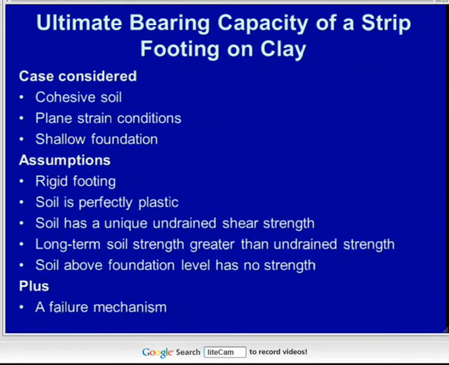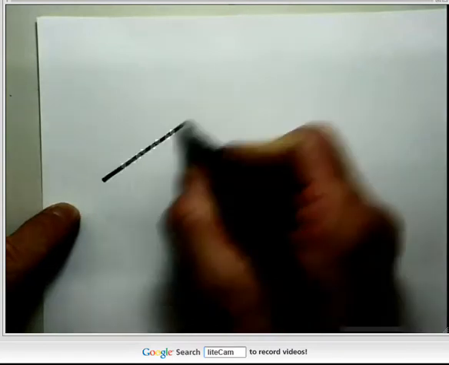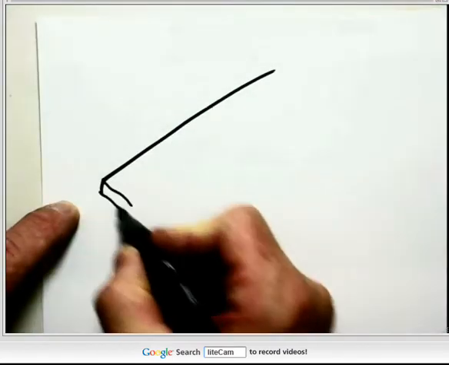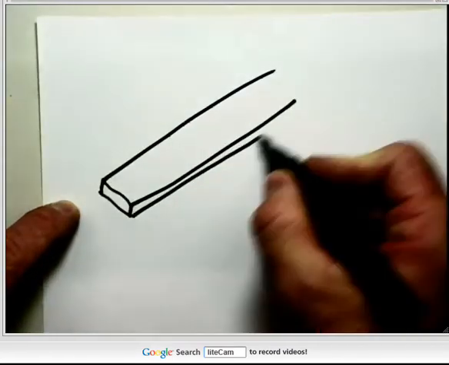So, we're going to start with a, I always hate it when people say very simple, because it's not. We're going to start with the most straightforward case we can, which is going to be a strip footing on a clay soil. So, a strip footing is where we can think of it as being long in one dimension relative to the others.